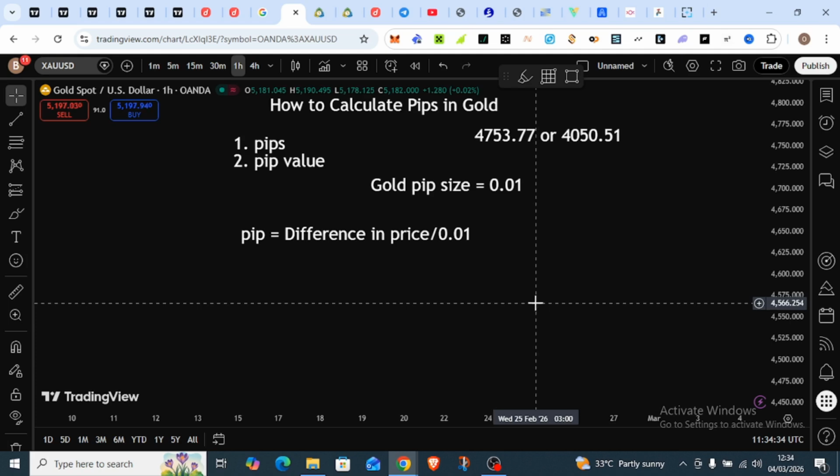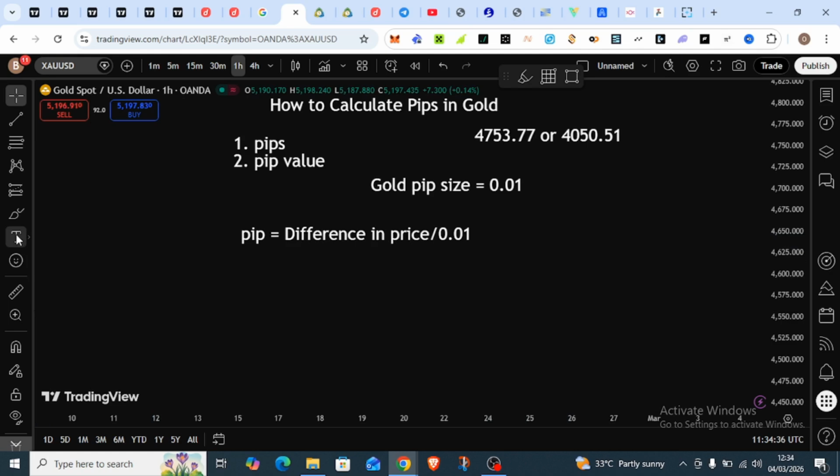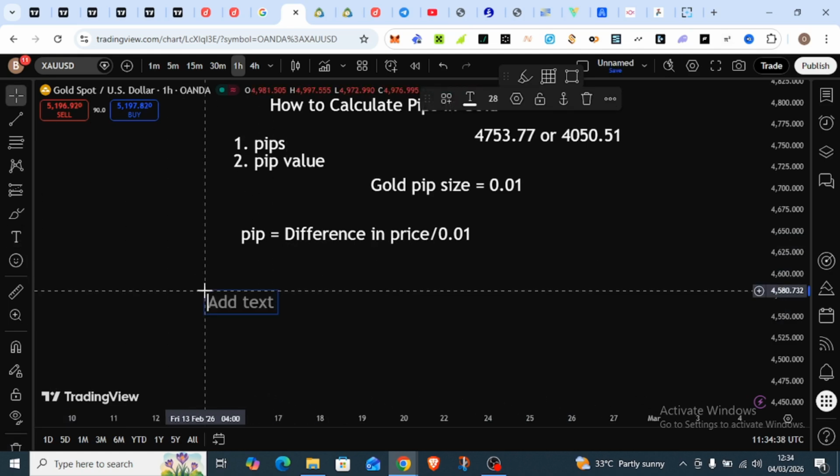So assuming we have price move from 4734.68 to, let's say, 4406.59.